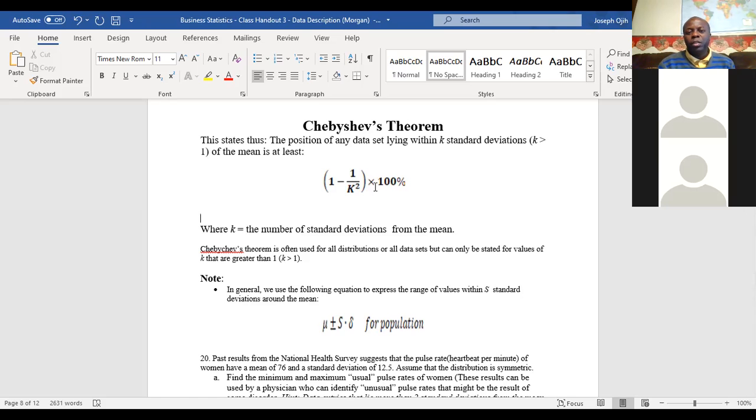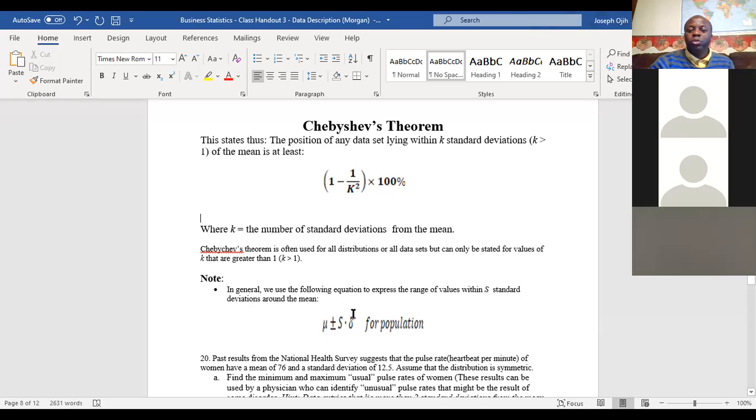Or the best way to put it is this: the proportion of any data set lying within K standard deviations will be at least 1 minus 1 over K squared times 100%. So you use it to estimate the percentage of data lying within that range. Because we're talking about where data lies away from the mean, the first thing you do is to estimate what K is.